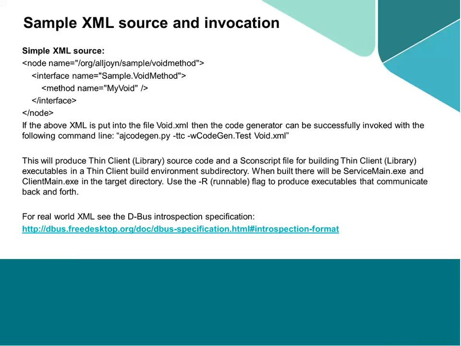So it'll actually create dummy variables, increment those variables, and pass them back and forth as if you'd actually written an app around those service methods, properties, and signals. And again, you can extend this XML considerably and see the specification for the details on how to do that.